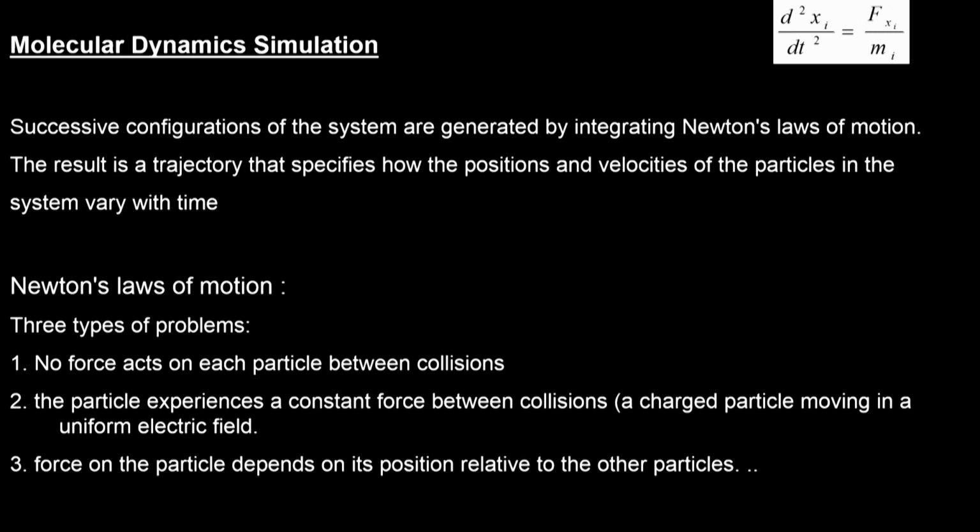First, no force acts on each particle between collisions. Second, the particle experiences a constant force between collisions, that is, a charged particle moving in a uniform electric field, so they uniformly feel a force, whereas in the first one there is no force acting until they collide. Third, the force on the particle depends on its position relative to the other particles, so there could be attractions, repulsions and so on. These are the different types of things that can happen when you do molecular dynamics.